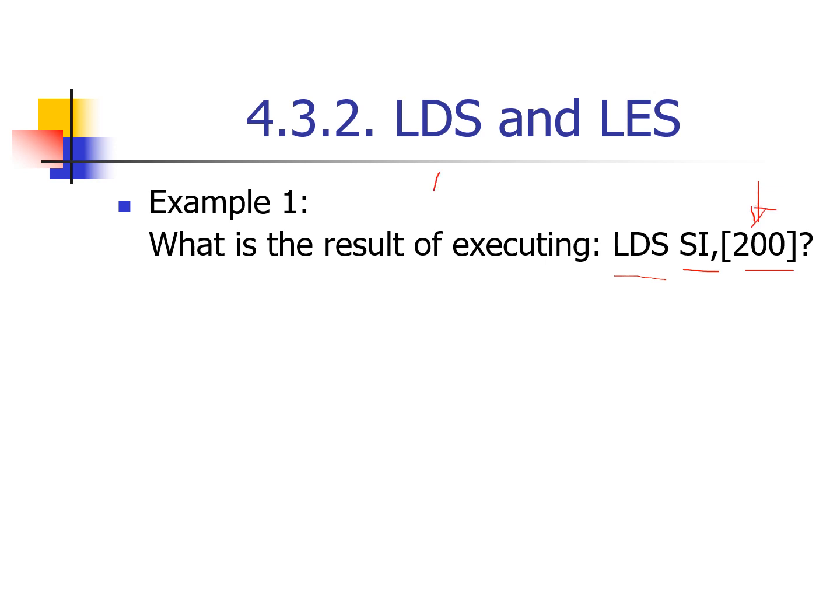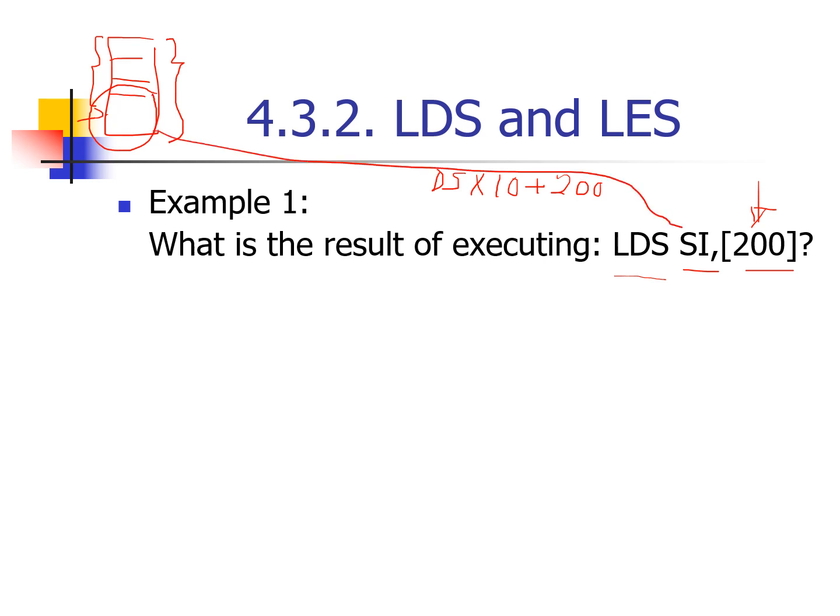You go to the physical address by multiplying the value inside the DS by 10, add this address. Now you go to some location in your memory, and you have to get 3 more locations above this memory in order to form 32 bits. The lowest 16 bits should go to SI, and the highest 16 bits should go to DS.